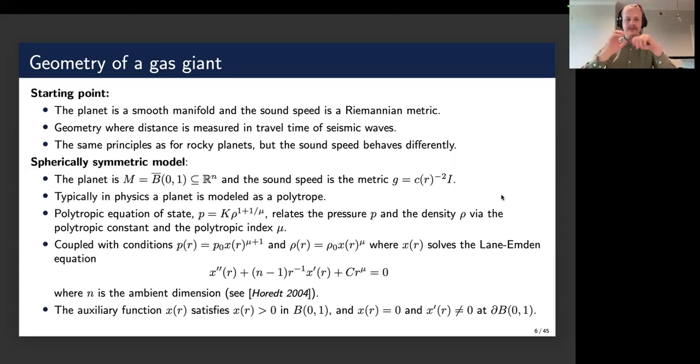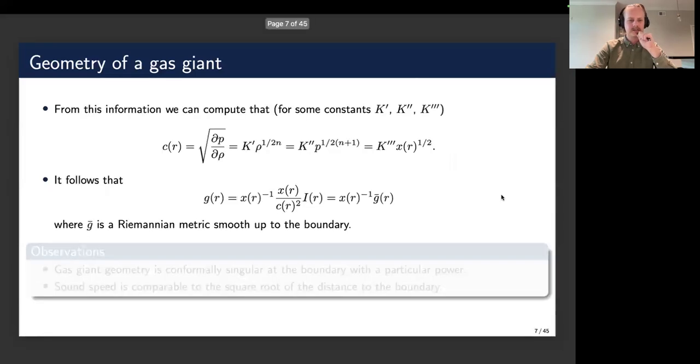Okay, so that is the physical model behind this business, but how do we get this into mathematics? Let's try to do that next. The important thing about all of the information in the previous slide is that from it we can compute the sound speed in terms of the pressure and the density.